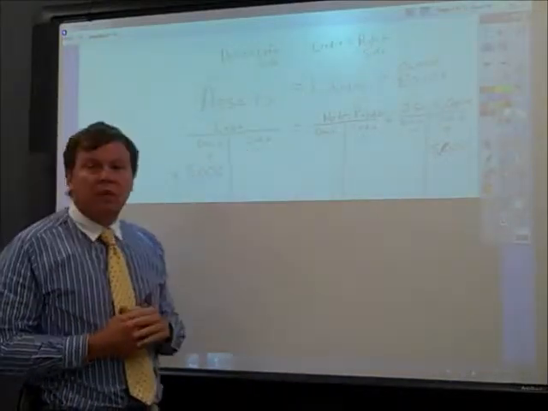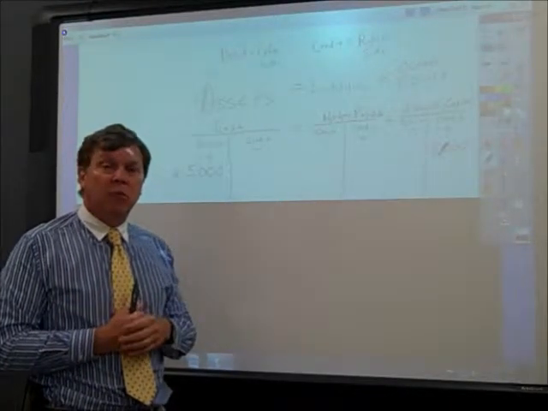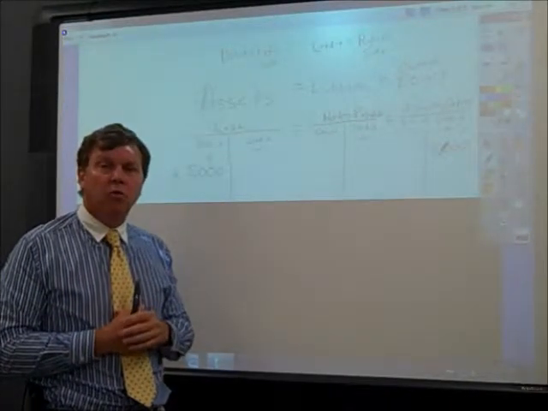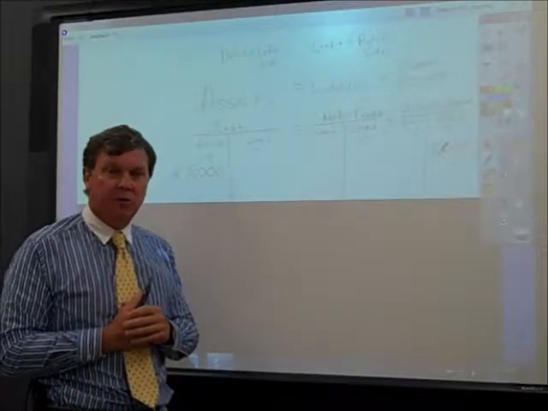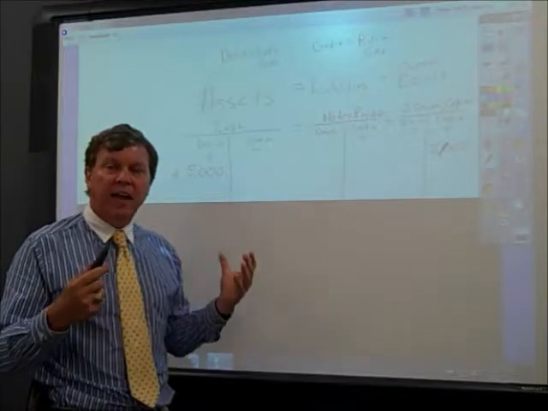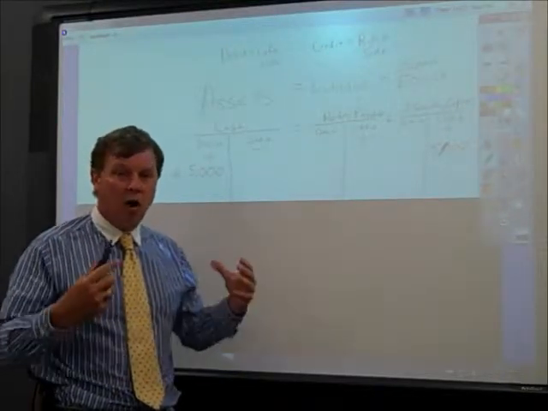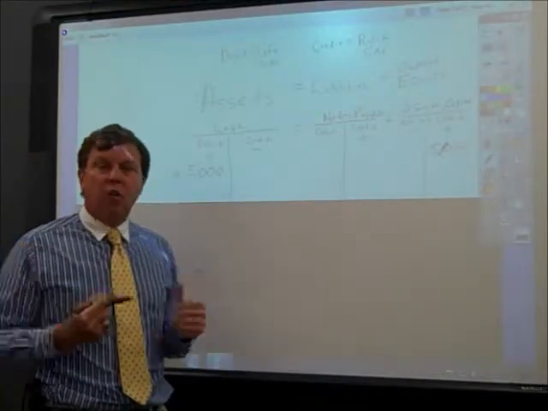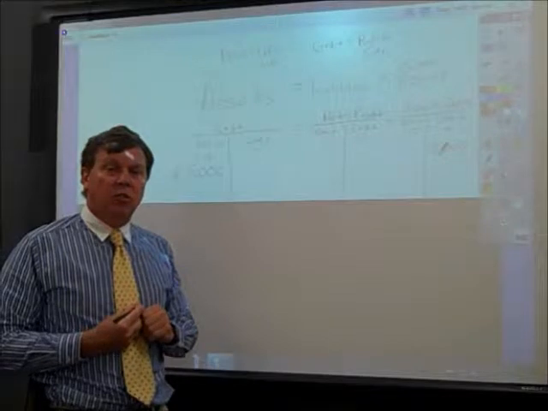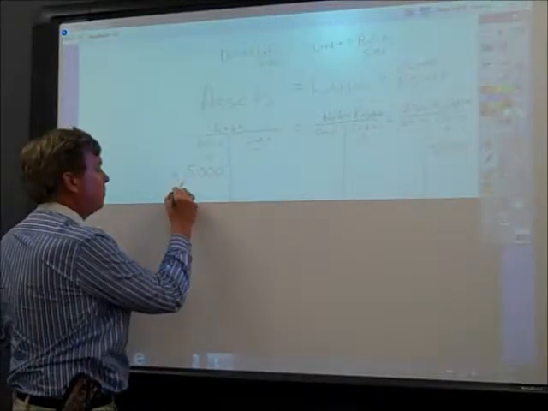Let's say that we borrowed some money from the bank. We went to the bank and we got a loan for $2,000. And we signed a note payable to the bank that we were going to pay that note off in 60 days. Again, ask yourself, what did we receive in that transaction? Well, we received more cash, $2,000 cash.